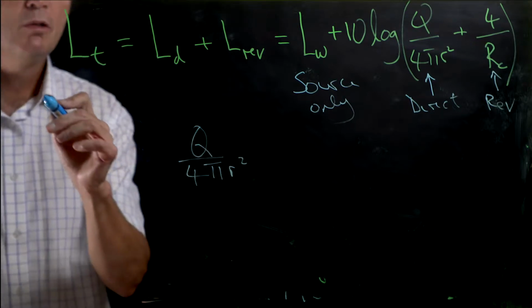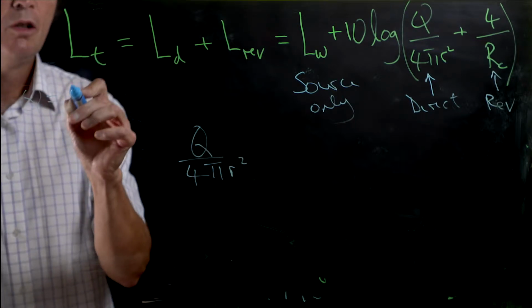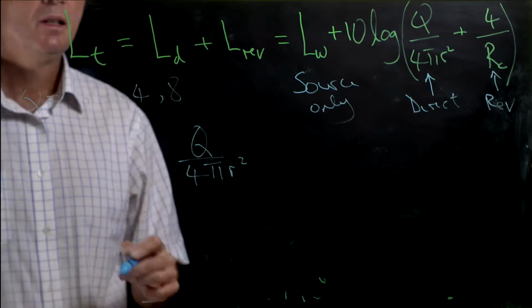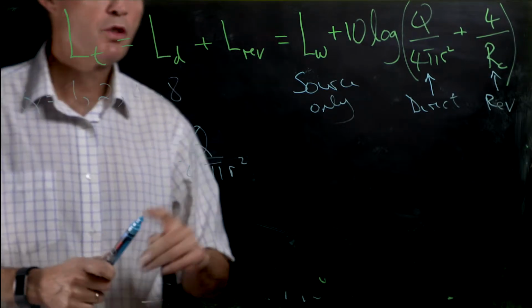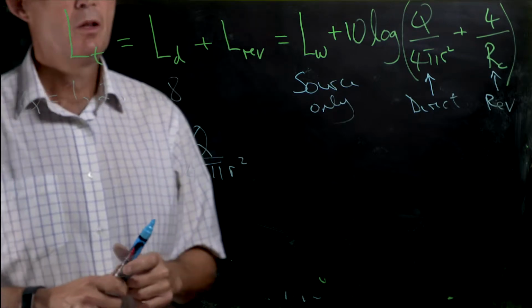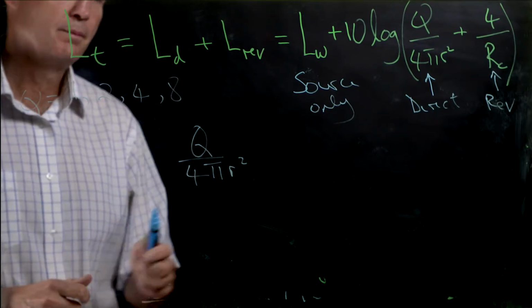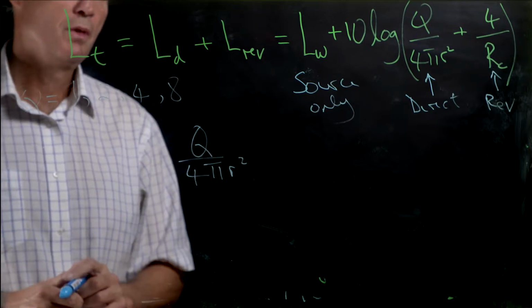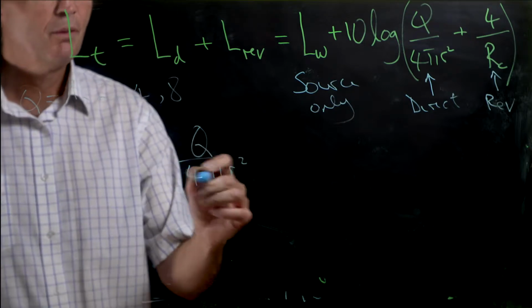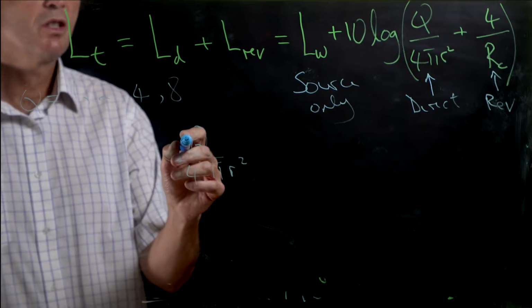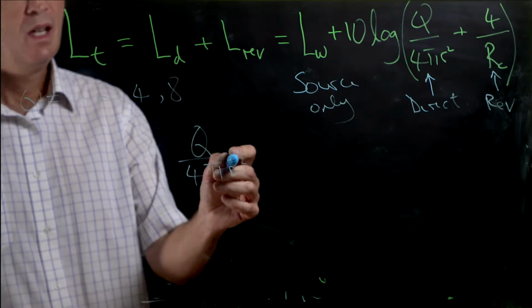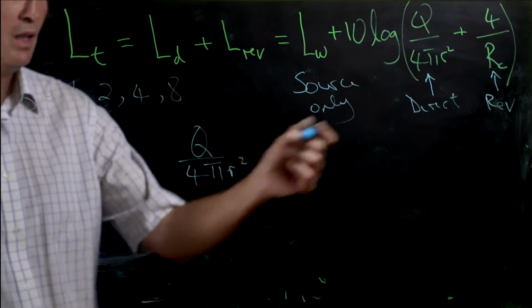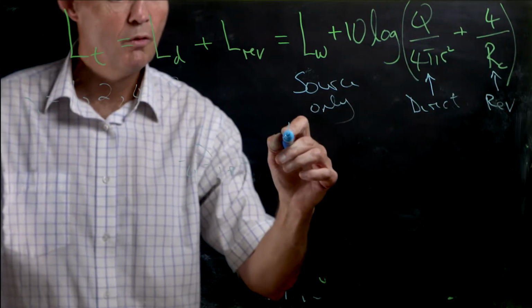So this value of Q can have values of 1, 2, 4 and 8. 1 represents a source suspended in free space without any other surfaces close by. The r term is simply the distance away from the source. So for the direct field, the two determining factors are the position of the source and the distance away from the source.